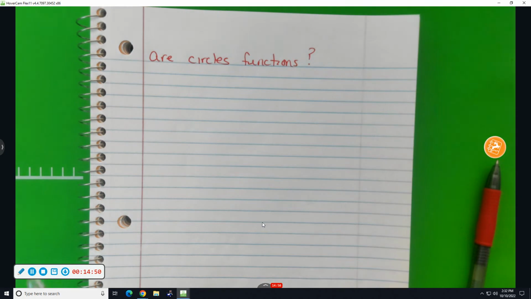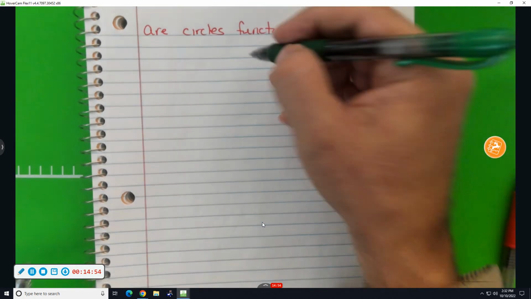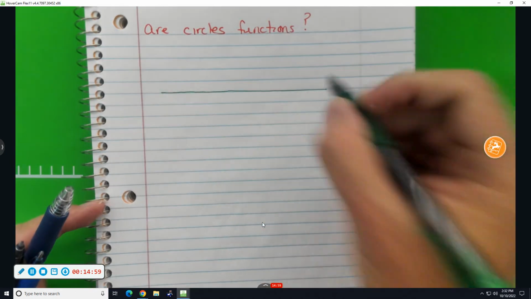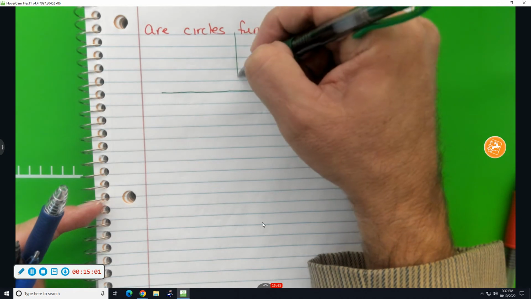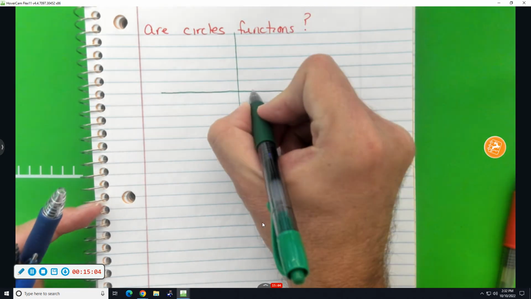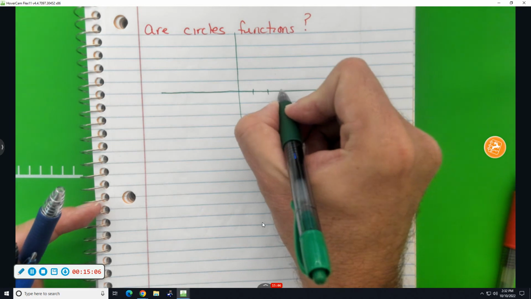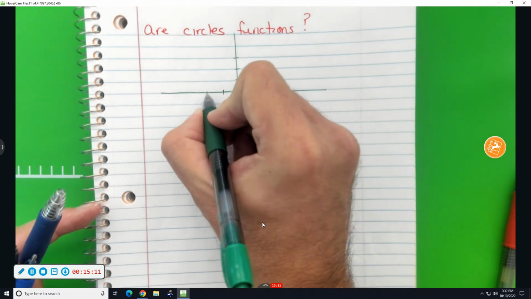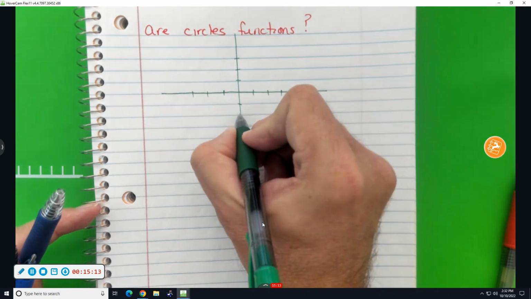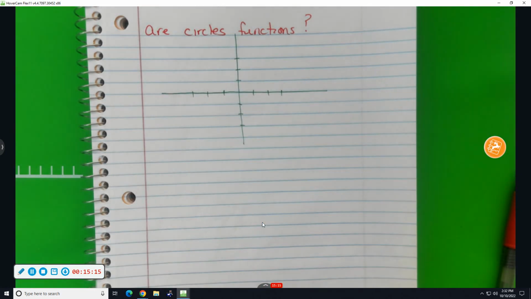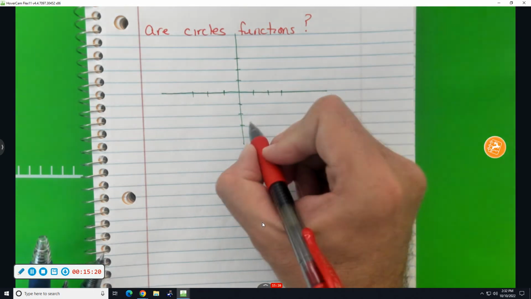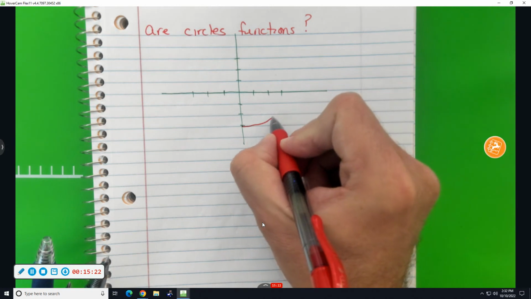To answer that, I'm just going to roughly draw a sketch of a circle. I'll draw an x-axis and y-axis. I'm going to draw, really just any type of circle will do, but I'm going to draw one centered at the origin, 0, 0, with a radius of 3.